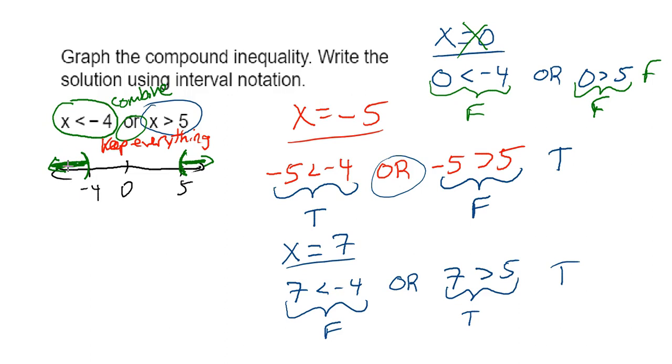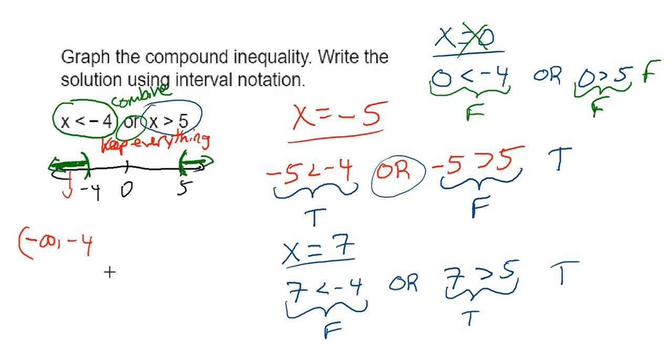You keep everything when you're dealing with OR. And so I'm keeping all of these numbers. I'm keeping all these numbers. So this is my graph. To write this in interval notation, it's a little bit tricky because there are two separate regions, and each one has to be written as its own interval. So this region here, the interval for this would go from the very left, which is -infinity, to the very right, which is -4.